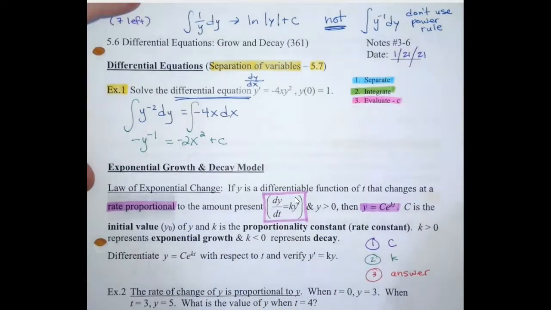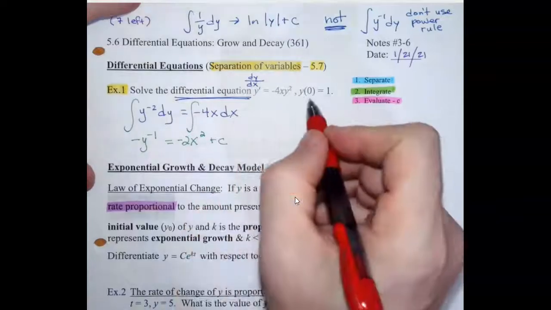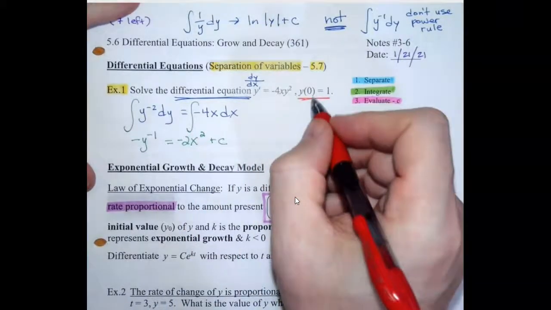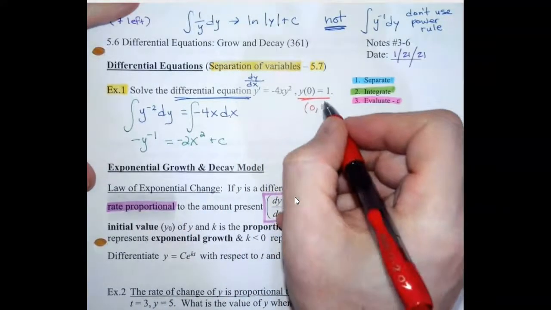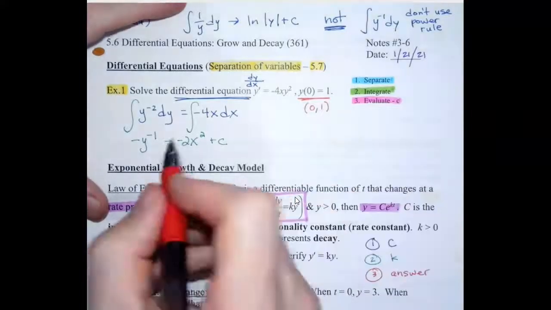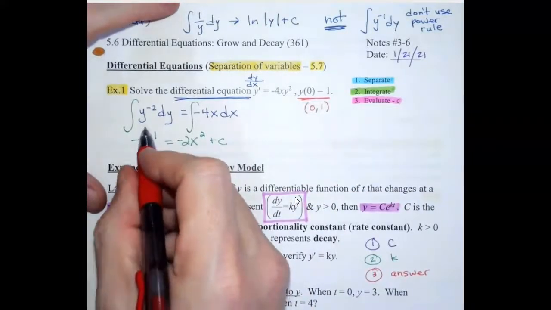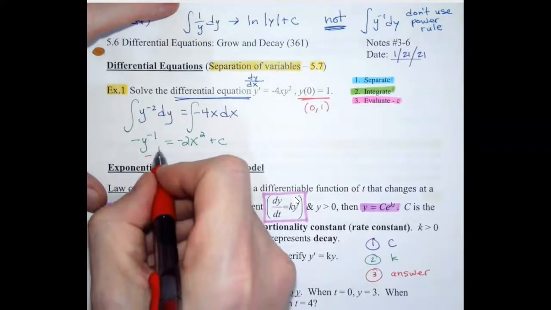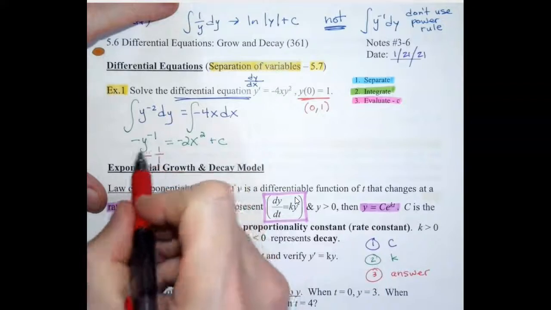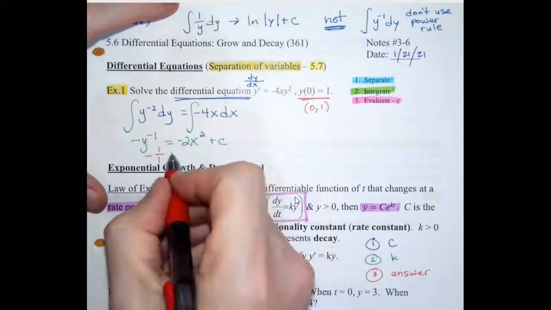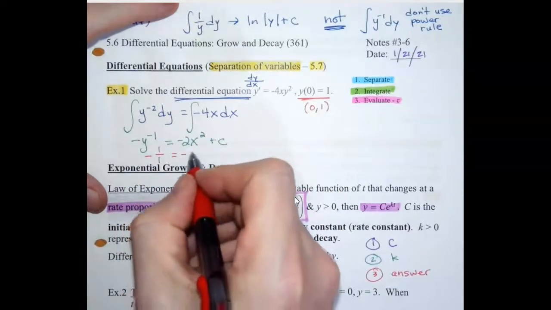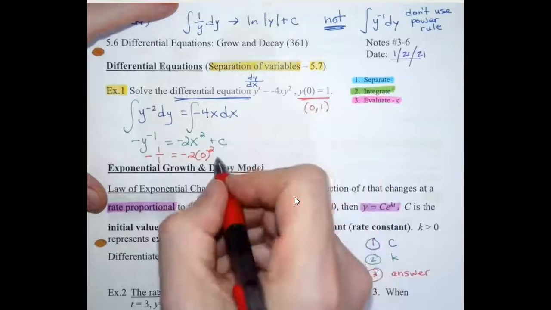Now, the next step is to evaluate for c. They give us a coordinate over here. This coordinate is 0, 1. If we plug that in here, it would be negative 1 over 1, technically, which is just negative 1, but still. And then here we have negative 2 times 0 squared.